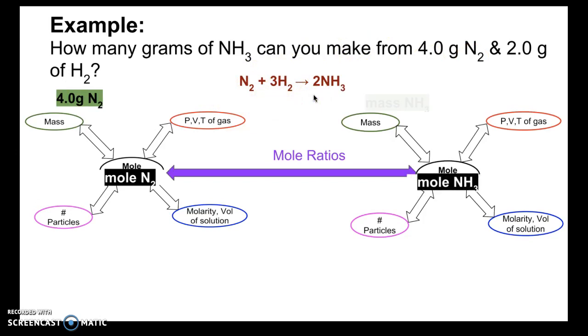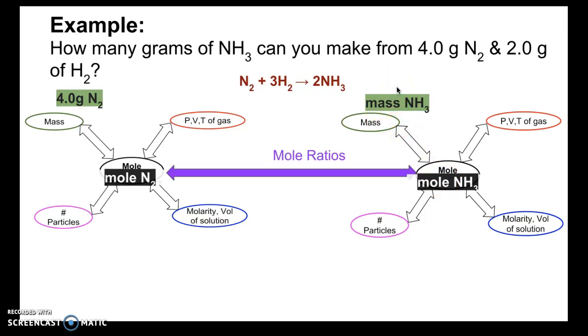And then from there, I would get the mass of NH3. So again, using method B, I would go from 4 grams of N2 to moles of N2, use the mole ratio to get to moles of NH3, and then mass of NH3.